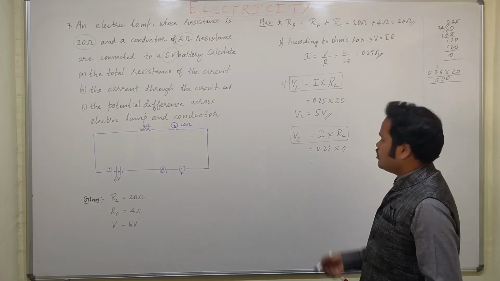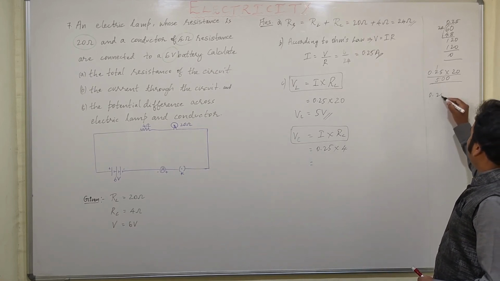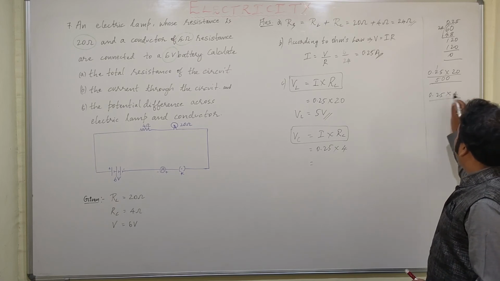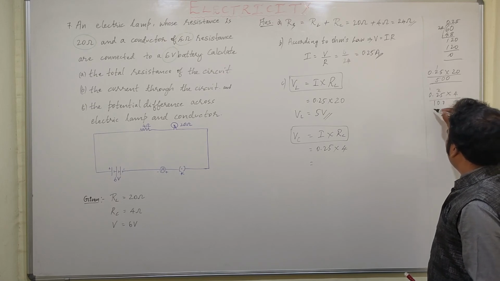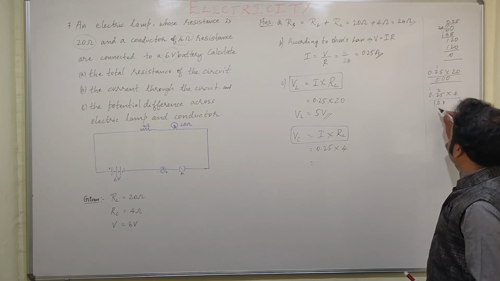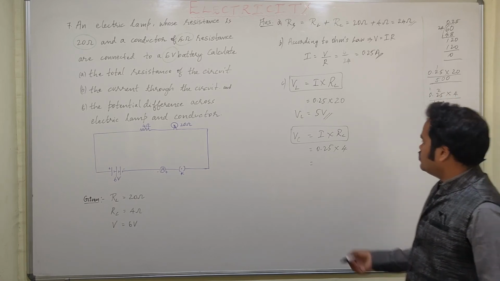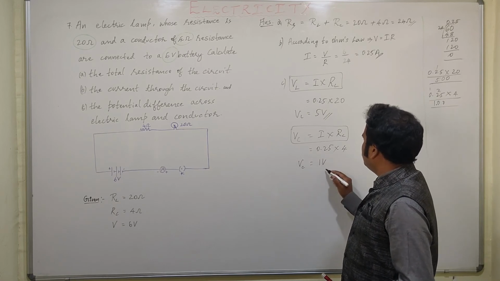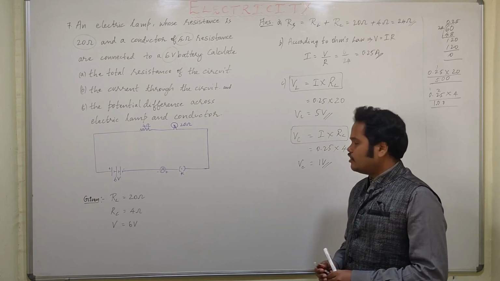So let's multiply over here, 0.25 into 4. 5 fours are 20, 4 twos are 8, 9, 10, 1, 0, give it 1. After 2 decimals, we put the point. So we have VC, which is 1 volt. So we have found out the voltage of the conductor. The voltage of the conductor is 1 volt.